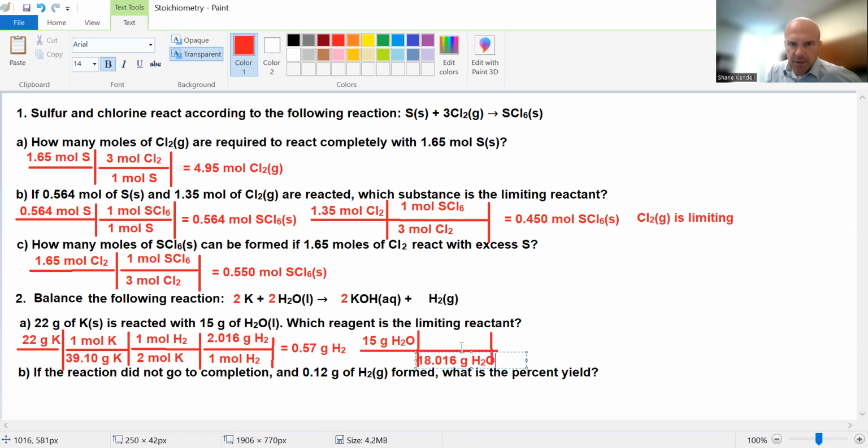So 18.016 grams of H2O would be equivalent to 1 mole of H2O.